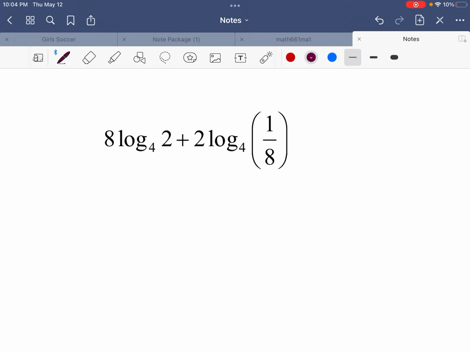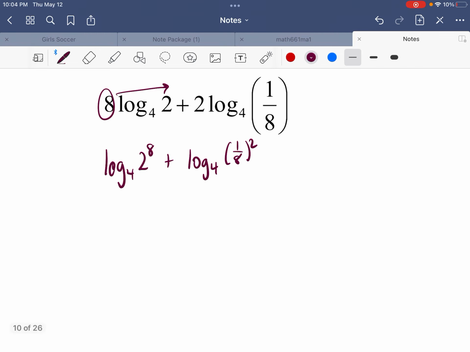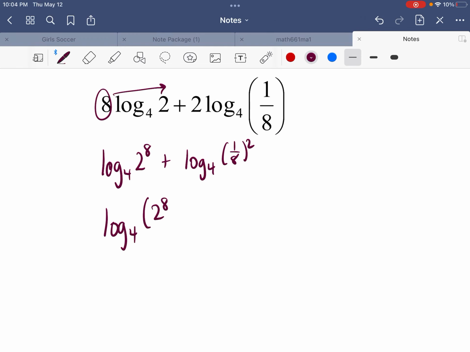Okay, we had talked about coefficients and how you can bring them up and make them exponents here. So we're going to get log base 4 of 2 to the 8 plus log base 4 of 1/8 squared. So cleaning it up a little bit here, 2 to the 8 multiplied by 1/8 squared.